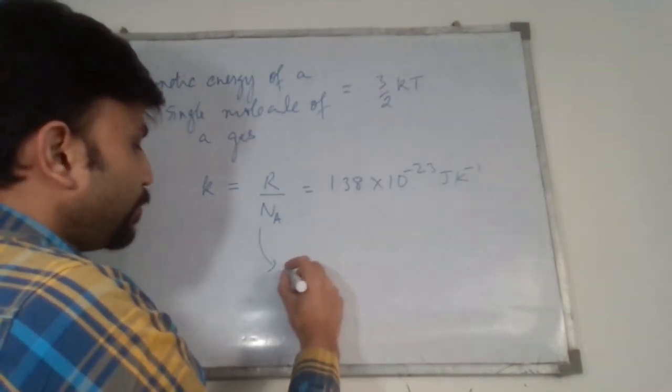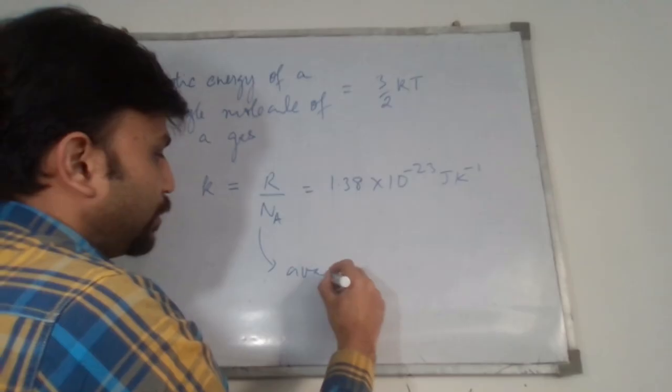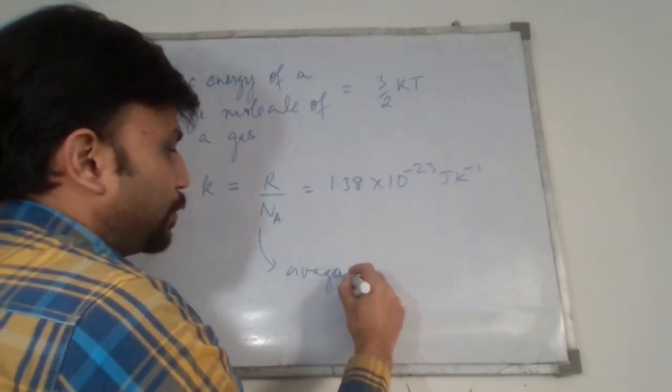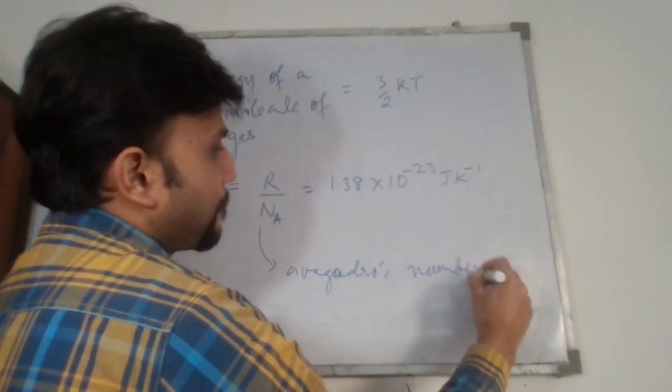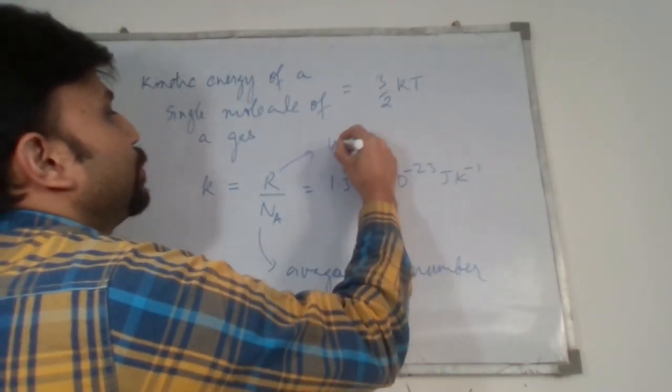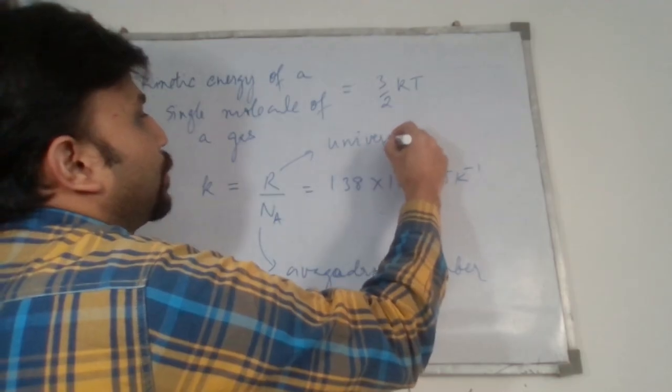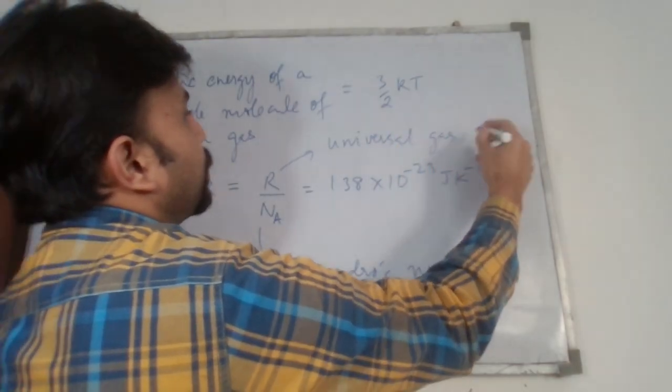N_A is Avogadro's number, and R is the universal gas constant.